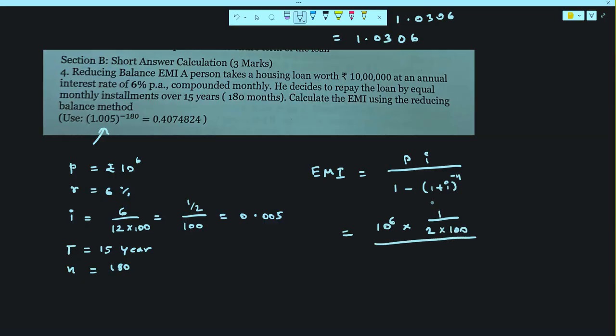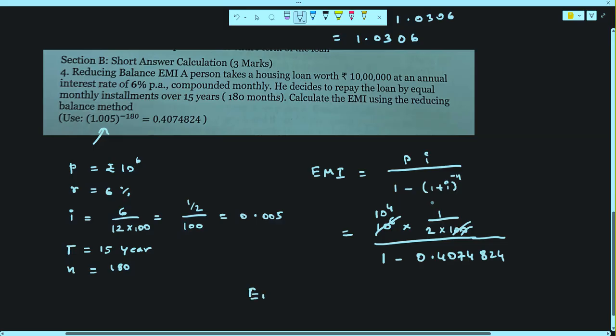Divided by the value already given, 0.4074, copy the entire thing, 74824. So of the 6 zeros, 2 zeros got cancelled, and 10 power 4 is left.